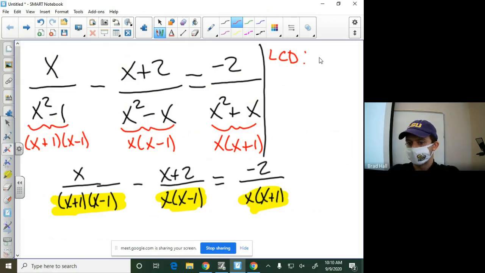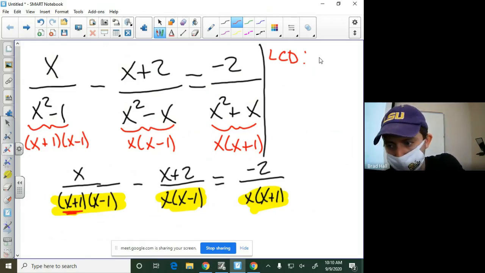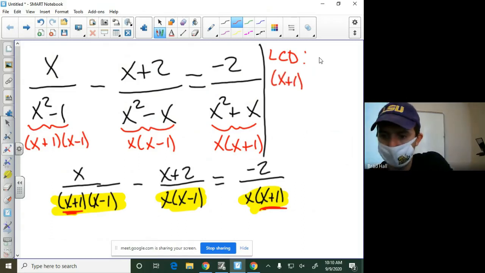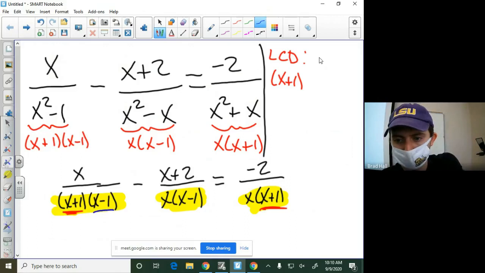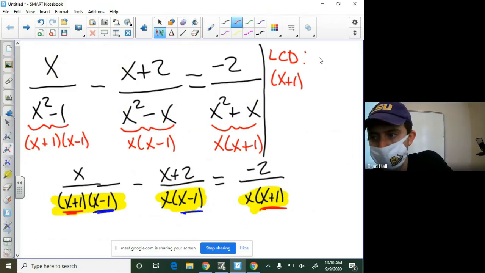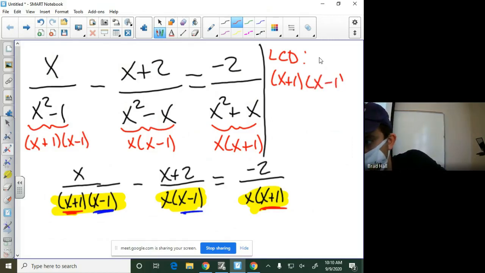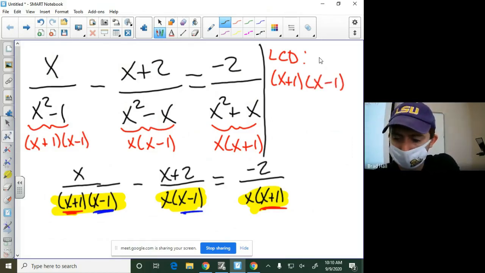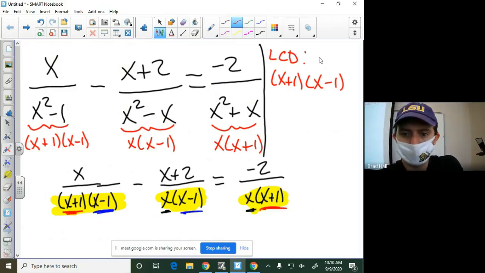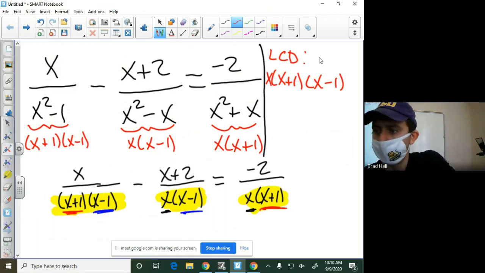For each factor that I see, I need to populate the LCD with it. So, for example, I see x plus 1 and x plus 1, so naturally I'm going to put x plus 1. I also see x minus 1 and x minus 1. And I see one more: I see an x, so I'm going to throw in an x.